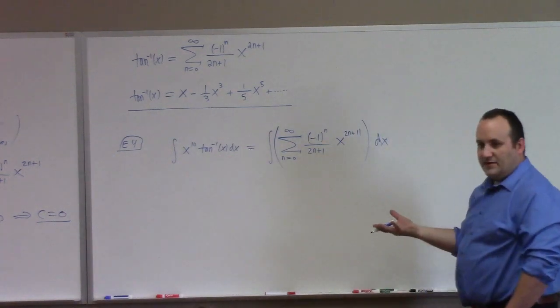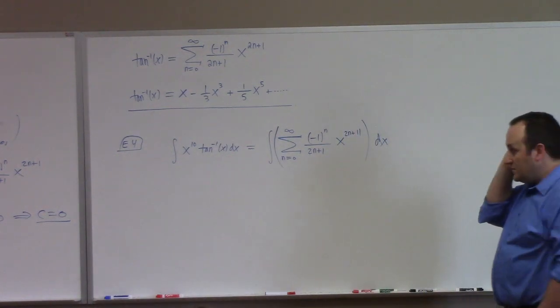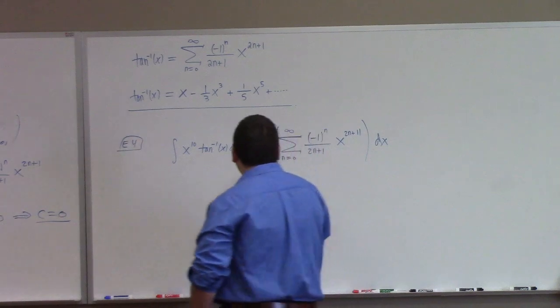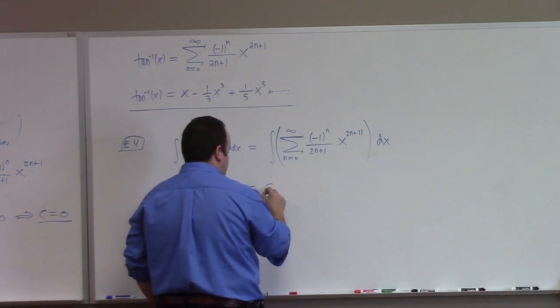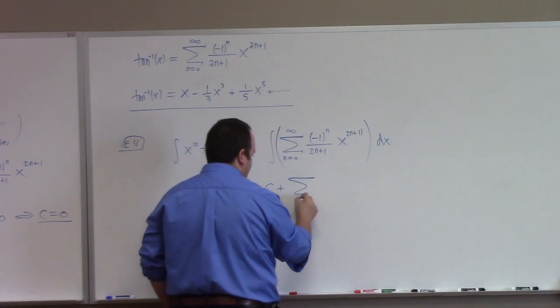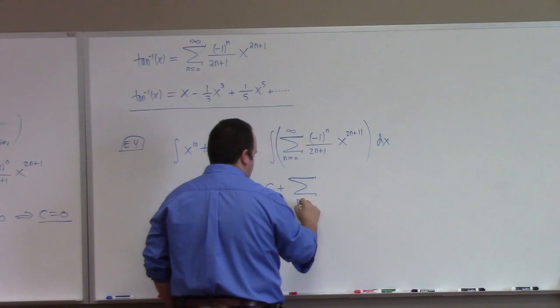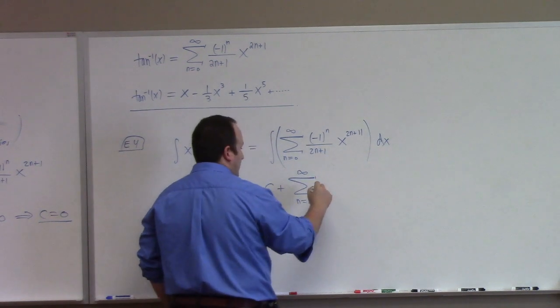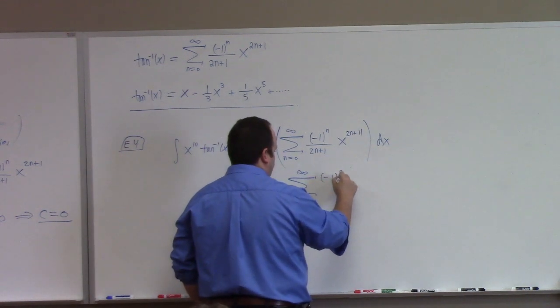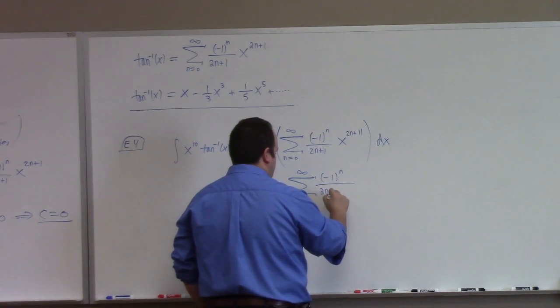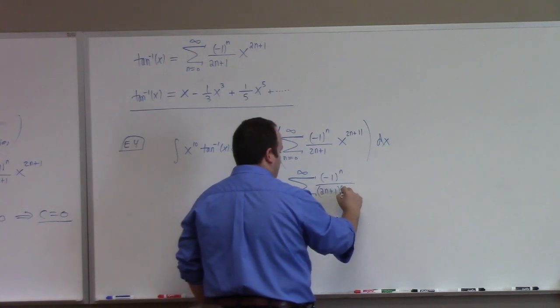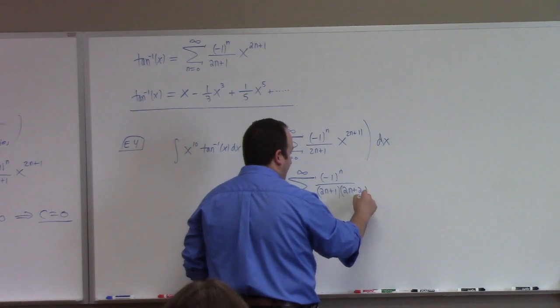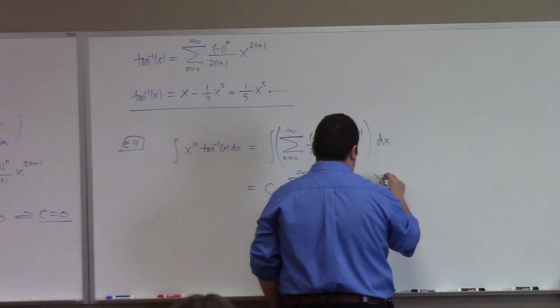Then we use the term-by-term integration theorem. What's it get us? We get some constant plus the sum, n equals 0 to infinity, minus 1 to the n, divided by 2n plus 1, divided by 2n plus 2, x to the 2n plus 2.